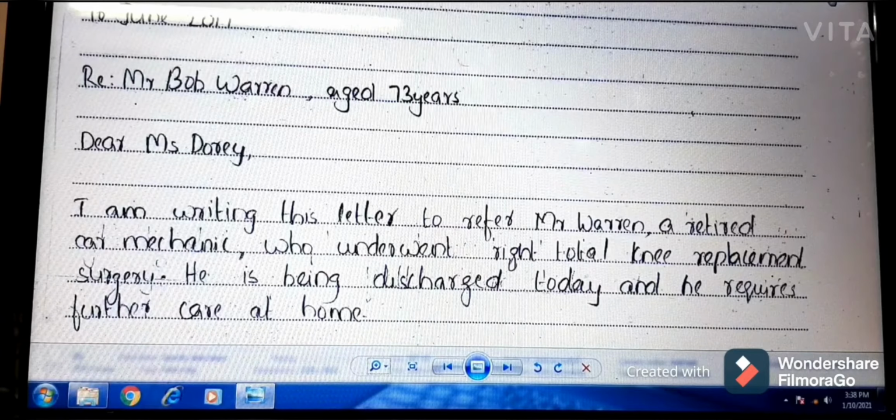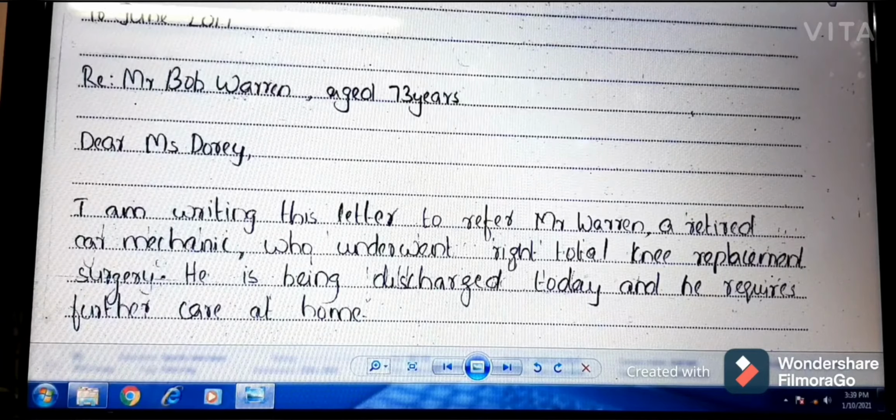It is not correct to write I write this letter to refer, because I write is simple present tense. Simple present tense is used to express habitual, regular activities of the present time or some fixed arrangements of the present time or of the future time. Here it is a one-time activity at the time of doing it.